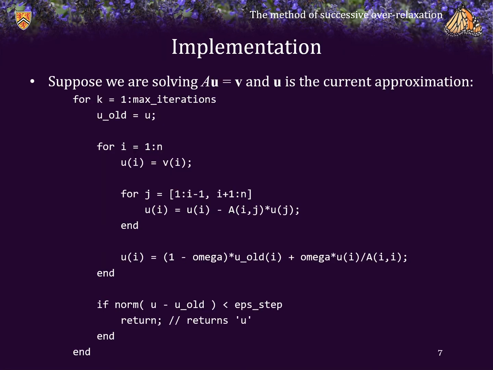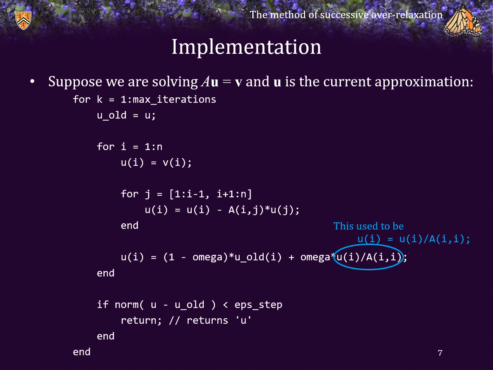So here's our implementation. What's changed? Actually only one line of code. This one line used to be simply setting the ith entry of the vector u to be the previous value divided by the diagonal entry. So we change it slightly.